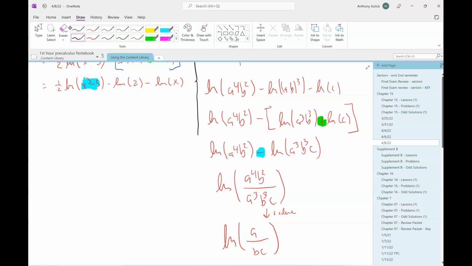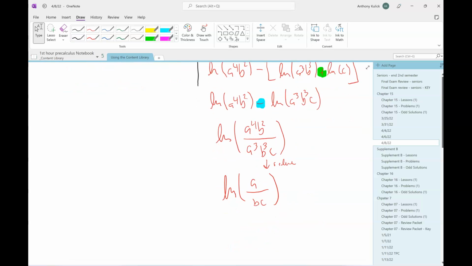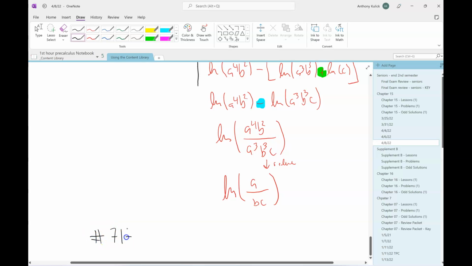So this looks like a good place to stop because that's kind of the end of 1513. That's the last main topic. Let's see. I don't want you to do 69 or 70. It's not within the scope of this class, so we're going to skip those.